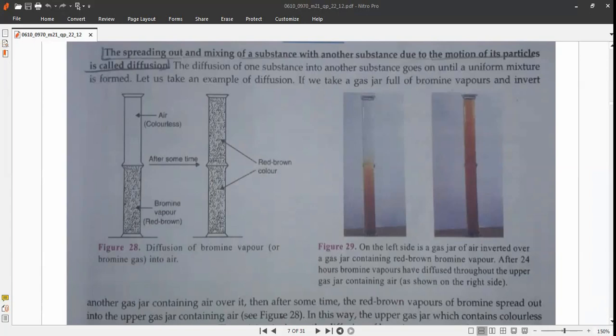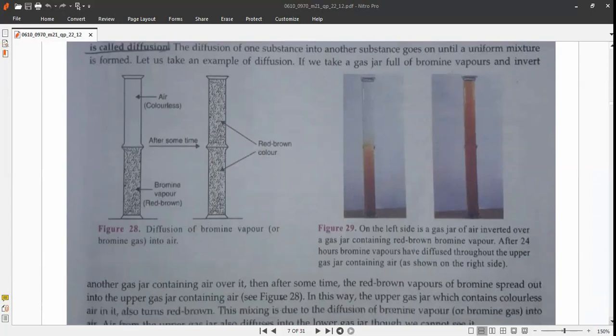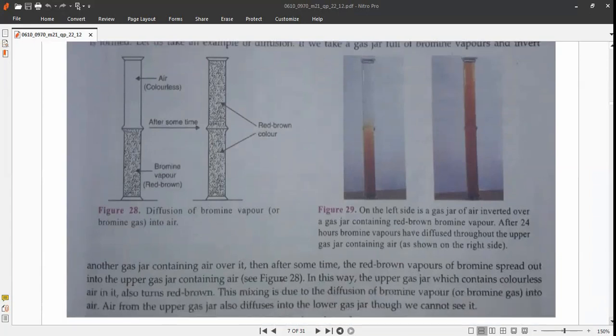In this way, the upper gas jar, which contains colorless air, also turns red-brown. This mixing is due to the diffusion of bromine vapor into air. And the air from the upper jar also diffuses into the lower gas jar, so we cannot see it.